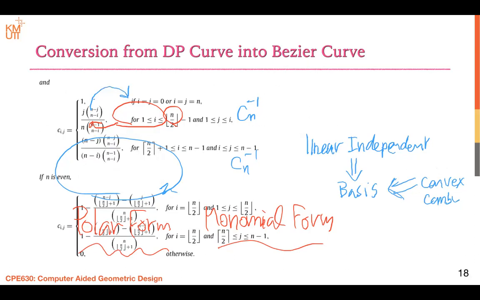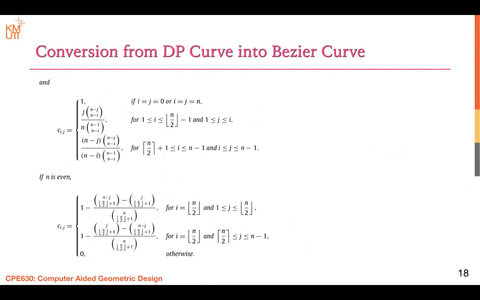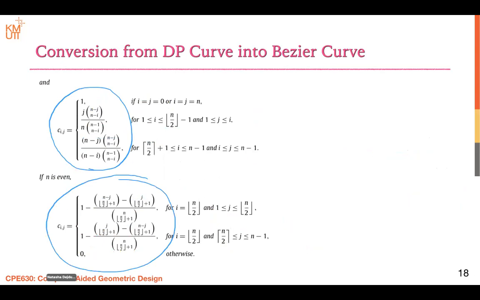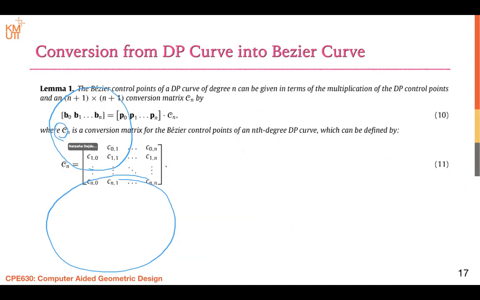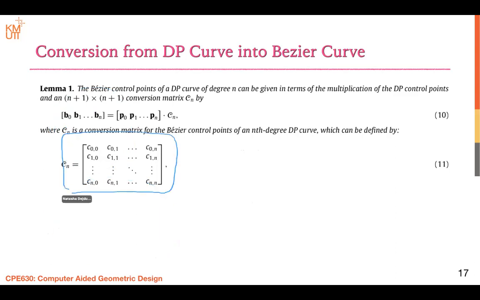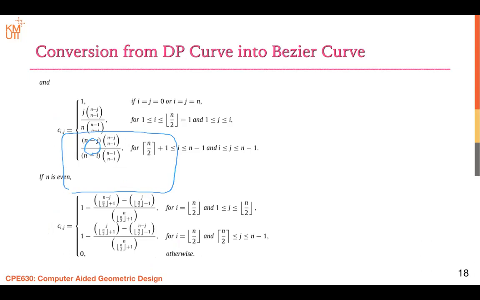Okay, so we will have a very short, very elegant way to find Cij. What does it mean by Cij? Cij is each element inside this matrix, and it can be calculated by this formula.